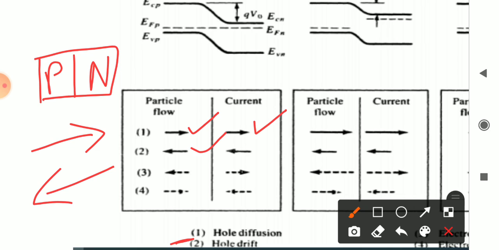Hole drift is exactly opposite to hole diffusion, and the hole drift current is exactly the same as the hole drift movement. The conventional current will move exactly the same as the hole motion. If this is the hole movement, then the current is also in the same direction. If the hole drift is in this direction, the drift current is also in this direction.